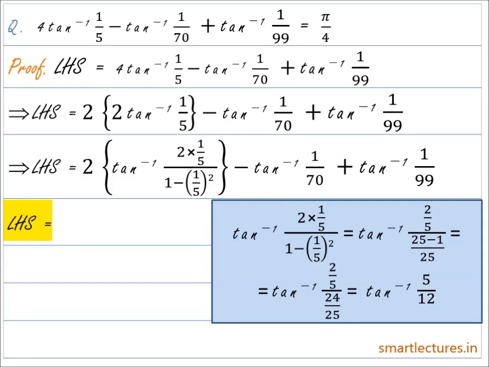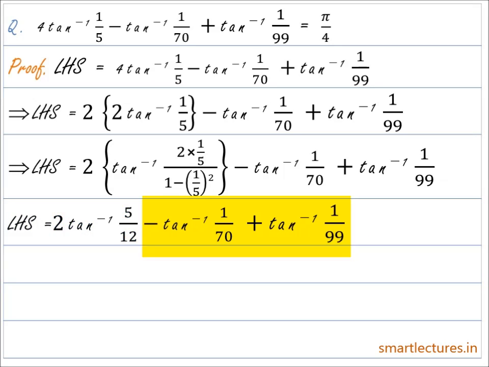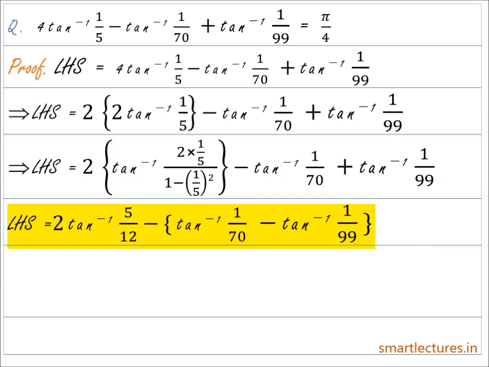So the left hand side becomes 2 tan inverse 5 upon 12 minus tan inverse 1 upon 70 plus tan inverse 1 upon 99, and which can also be written as 2 tan inverse 5 upon 12 minus tan inverse 1 upon 70 minus tan inverse 1 upon 99.